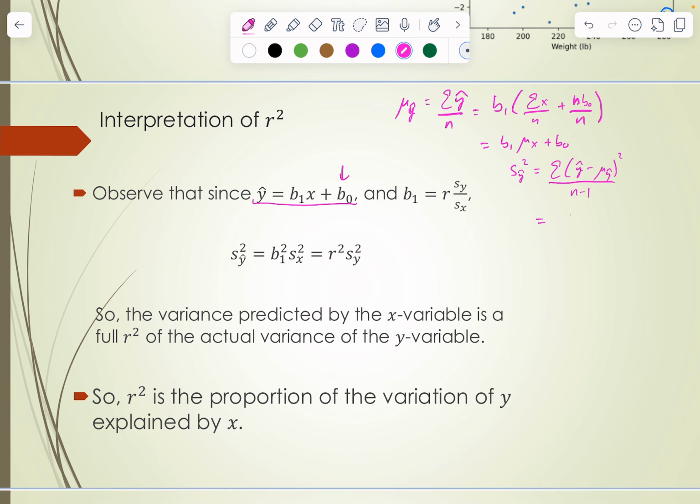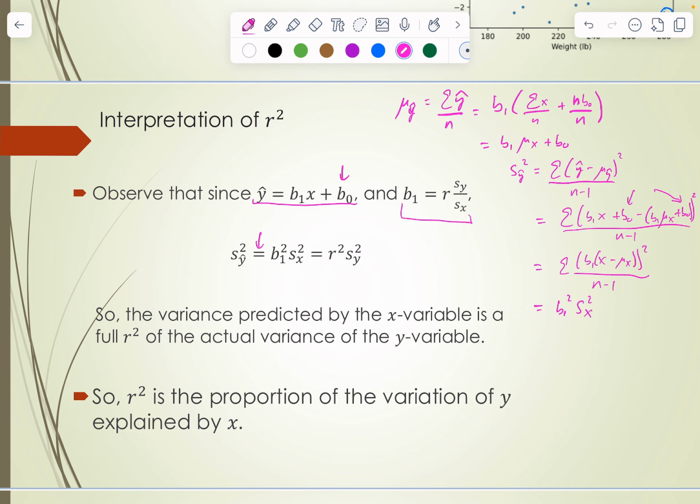We should do y hat bar, but I don't want to do y hat bar, so I'm just going to use mu. And so what this comes out to is my b0s cancel, and I can factor out my b1, and I end up getting just b1 squared, because I'm squaring everything, times sx squared. And so that's how we get that equation.